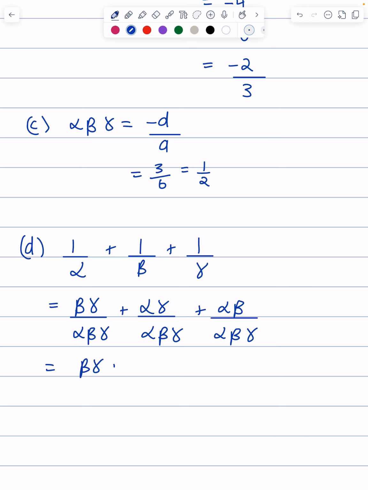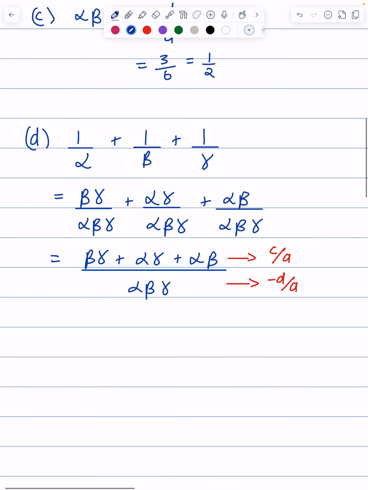So notice that the expression in the numerator looks exactly like one of the previous parts of our question. And I can put everything over alpha beta gamma because I now have that as my common denominator. So recall that this top line is equal to c over a and our bottom line is equal to negative d over a.